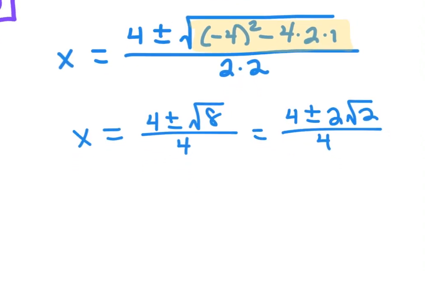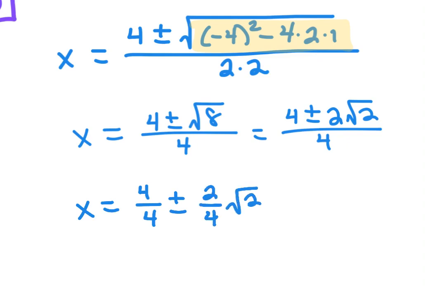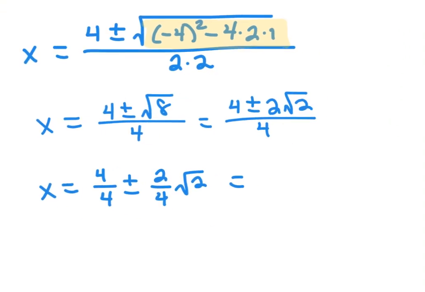And now you would want to simplify this solution. I would start with 4 over 4 plus or minus 2 over 4 radical 2. And that gives you 1 plus or minus 1/2 radical 2, or radical 2 over 2 if you wanted to.